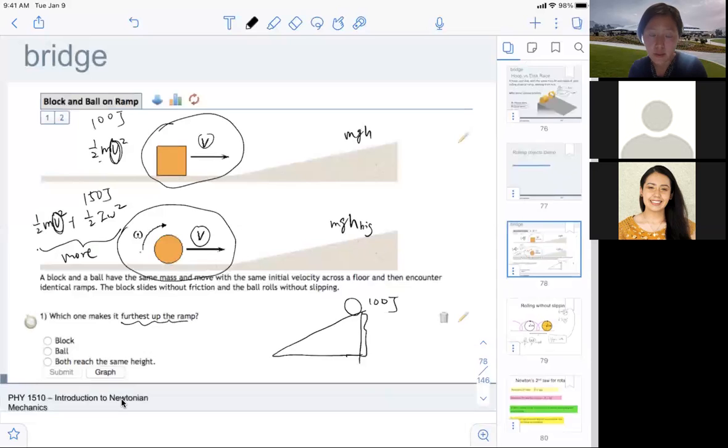Okay. If we're given a problem to solve, it should tell us the energy being added to the object. Yeah, so if it's a problem where they start from the bottom of the ramp having the same V, this one only has the same V. This one has the same V but is also rotating. You know the ball has more energy to begin with. Right, because it has rotational and translational. Yes, that's correct.